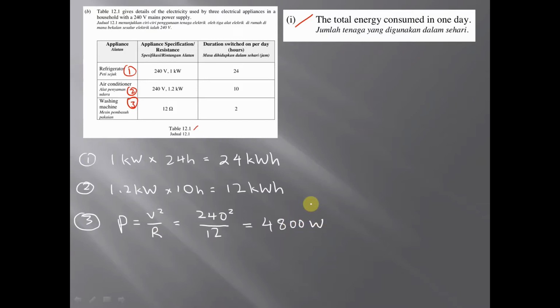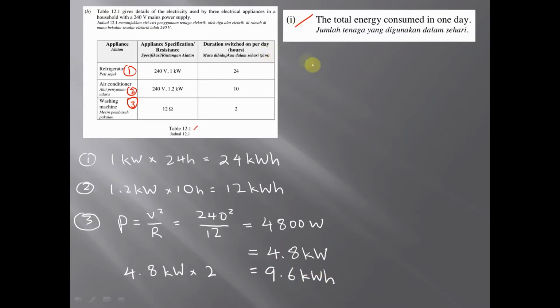But you have to understand that for the calculation of the electric tariff, you must calculate in terms of kilowatt. So this is 4.8 kilowatt, and you use it for 2 hours. So your usage is 4.8 kilowatt multiplied by 2, which gives 9.6 kilowatt hour.